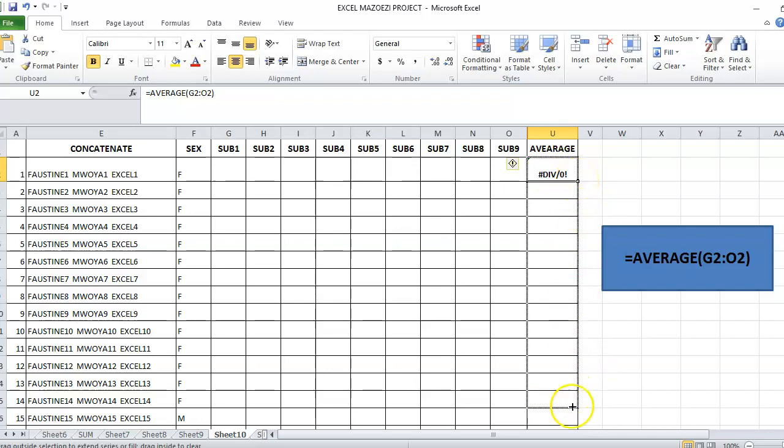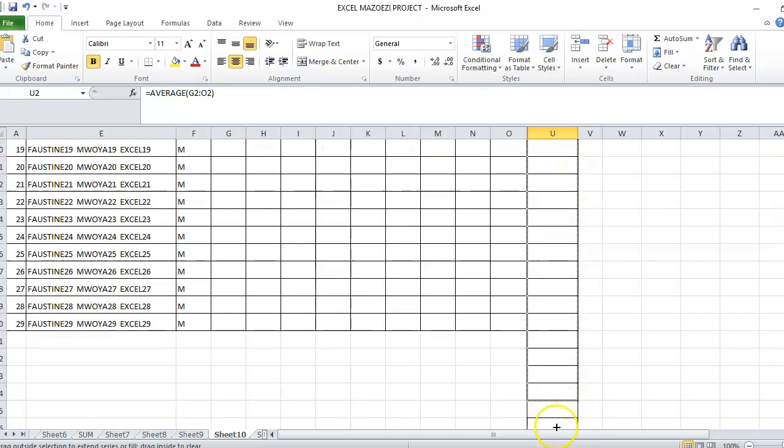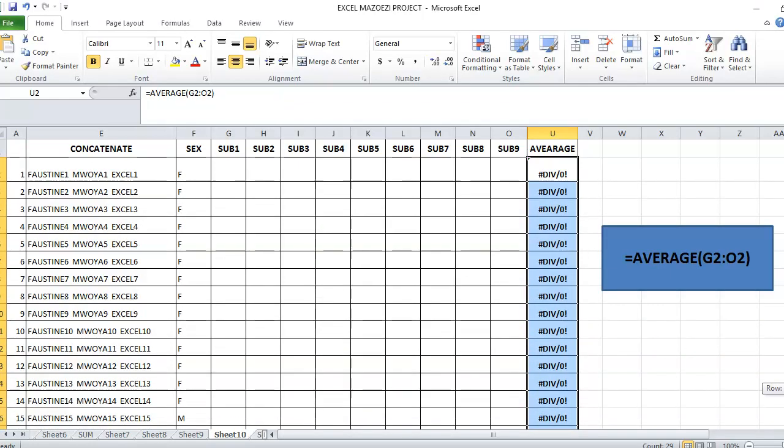Then highlight it for the other students. For example, now when I put 2, it means I take the average of 2, so it is 2 divided by 1.